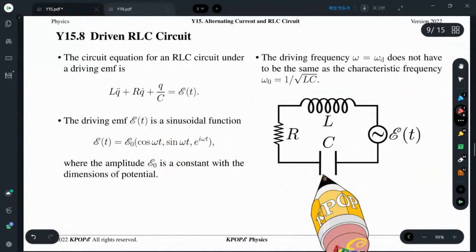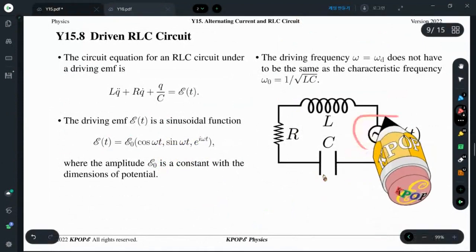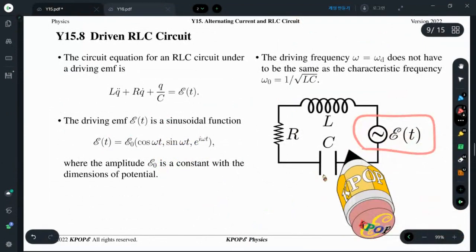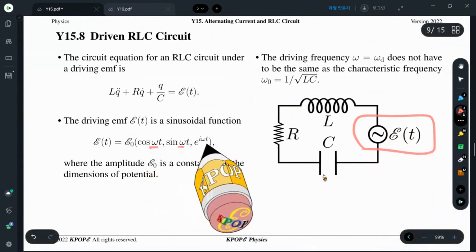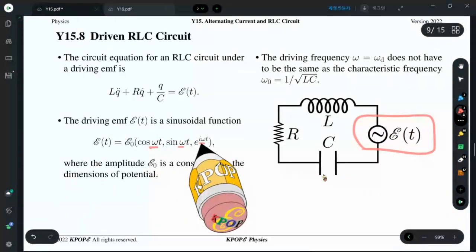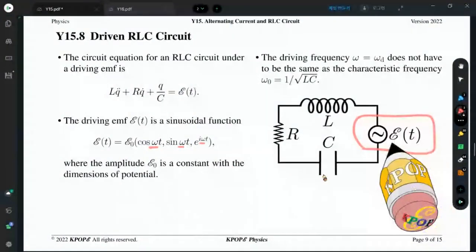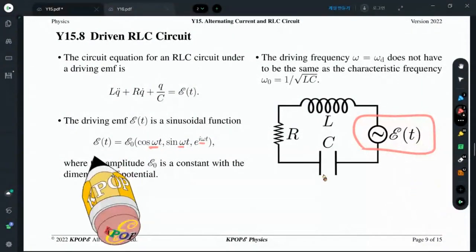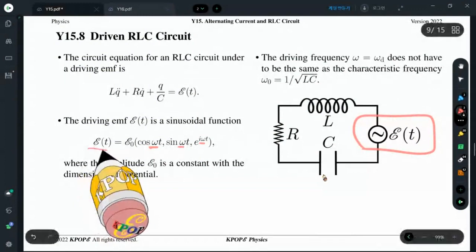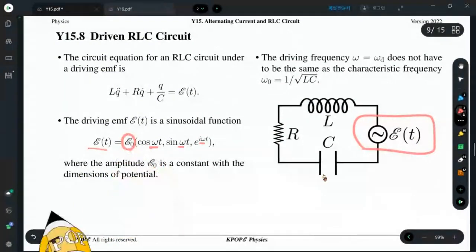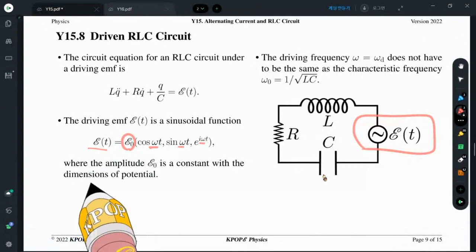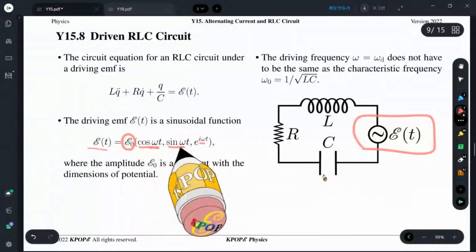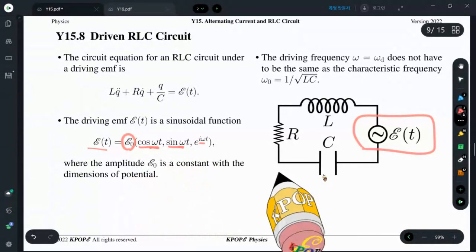Driven RLC circuit. Now we attach a power supply that is driven with the driving frequency omega. I have written this power supply's EMF with the amplitude E0, that is a real number, constant, and the cosine, sine, or exponential.